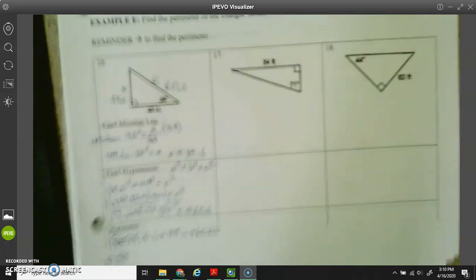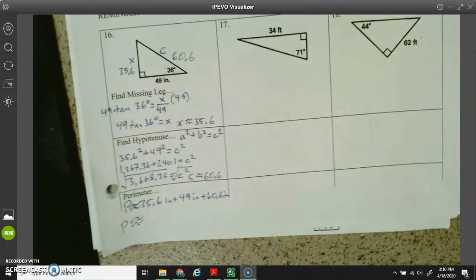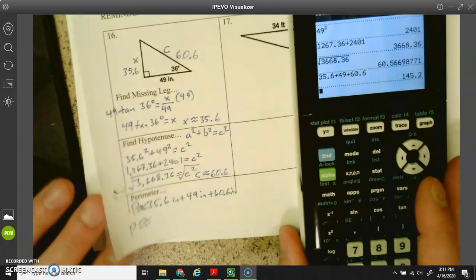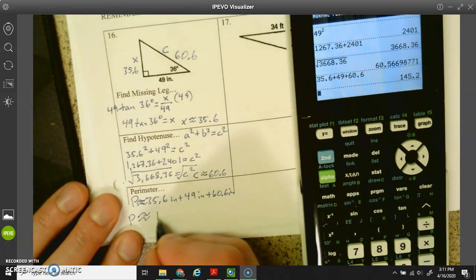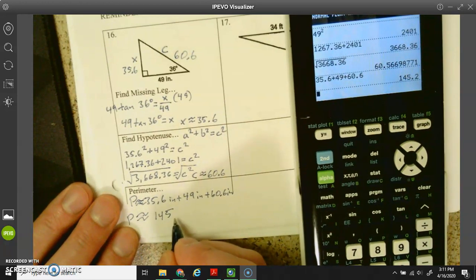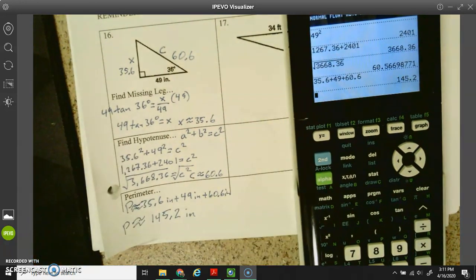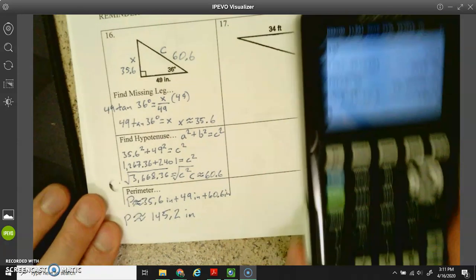So we've got 35.6 plus 49 plus 60.6, and that gives me 145.2 inches. Perimeter is just units, in this case inches, so we leave it as inches.